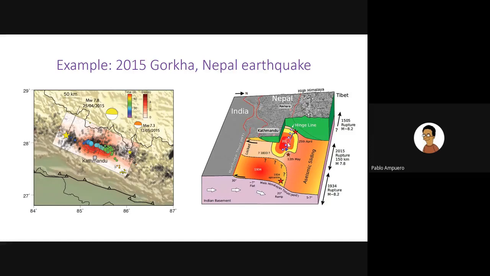It didn't manage to propagate all the way up to the surface. Fortunately, that would have been even more damaging for Kathmandu. But in the future, this shallower part of a fault could break. Anyway, my point here is that this is a good example of an earthquake that's remained confined in depth and thus developed a rather elongated rupture shape.